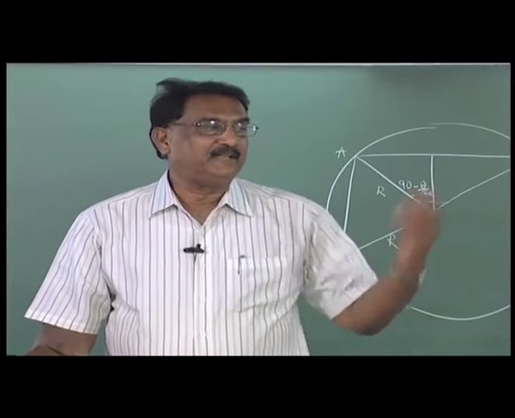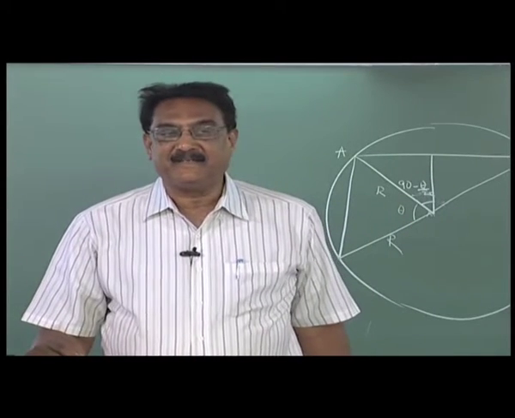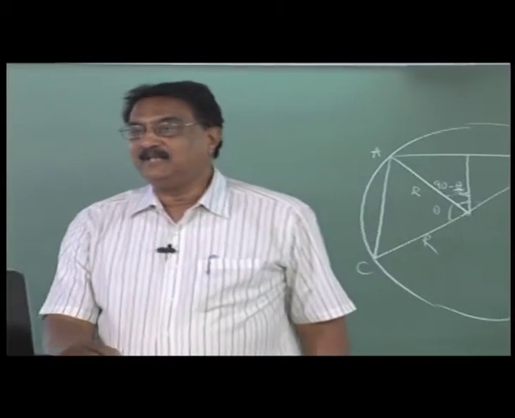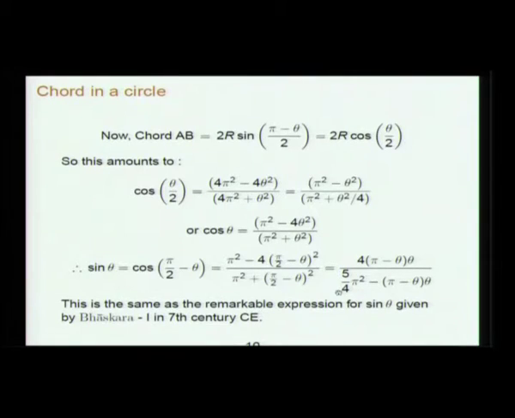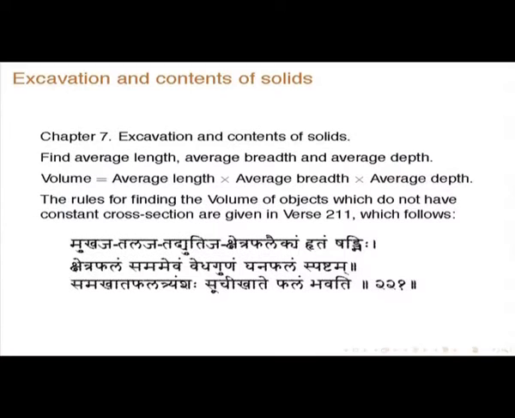Similarly, for theta close to 90 we can get something, but for it to be very good throughout the range, that is very remarkable. So Bhaskara 2 has really restated the result due to Bhaskara 1 in slightly different language. Okay. So then, this is about the plane figures, and now he goes to solids, excavation and contents of solids.